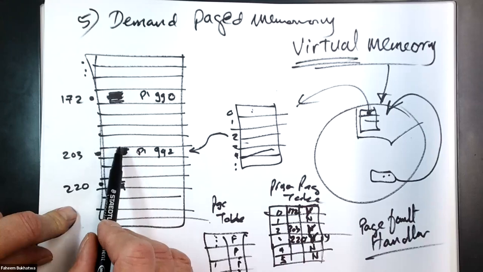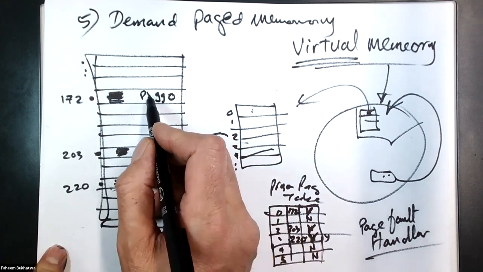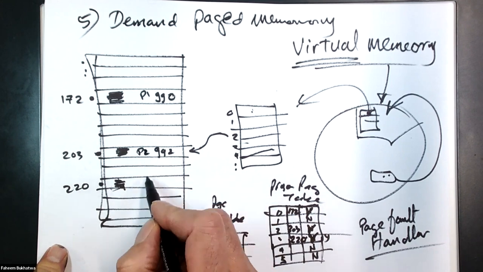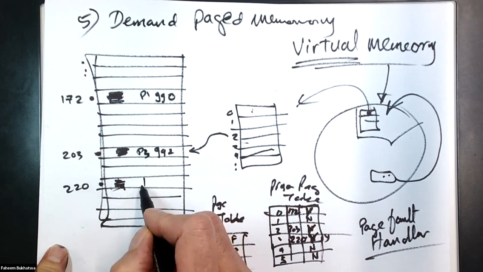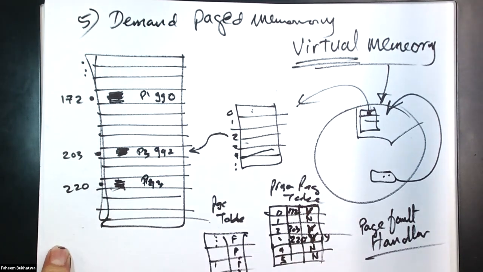Now, if there's already a page in each one of those frames, then we have to take one of these pages out. Either page 1, page 2, or page 3 has to go out. Now we'll pick one of those pages and we have to write it back to the virtual memory. So this is where things are a little bit slow.